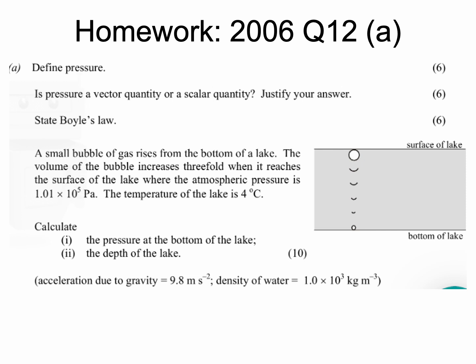What is the pressure at the bottom of the lake, and what is the depth of the lake? So a bit of work here to do in the calculations. They gave us acceleration due to gravity, g, being 9.8 meters per second squared, and they gave us the density of water, being 1 by 10 to the 3 kilograms per meter cubed.